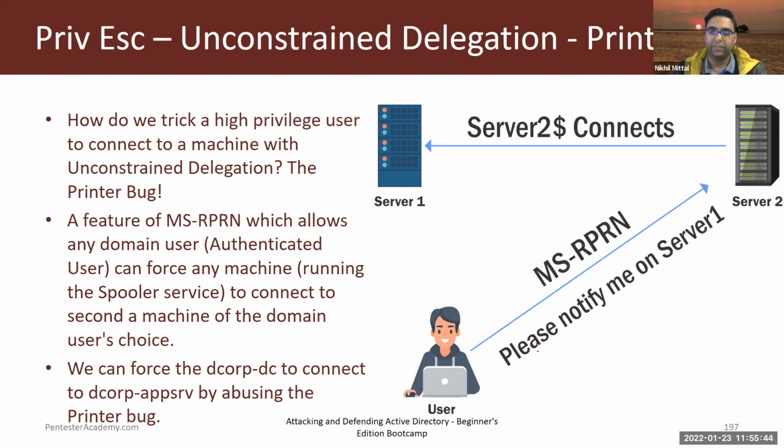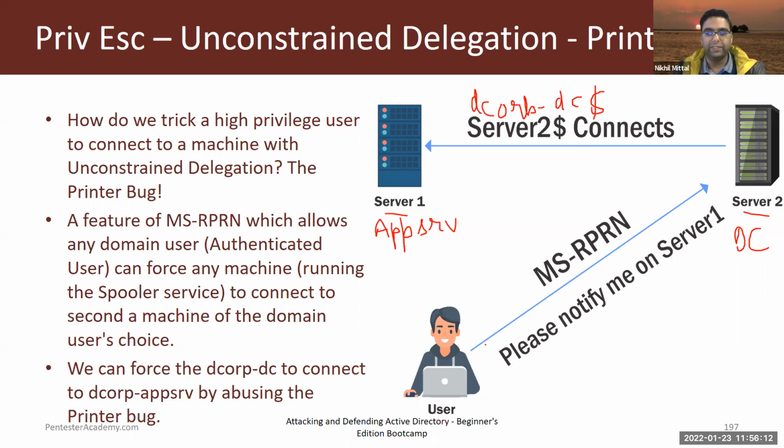So here we are telling server 2, please notify me on server 1. And server 2 connects with the machine account to server 1. Now, if this is the DC, and this is the machine with unconstrained delegation, that is appsrv in our lab environment, this would be dcorp-dc$.